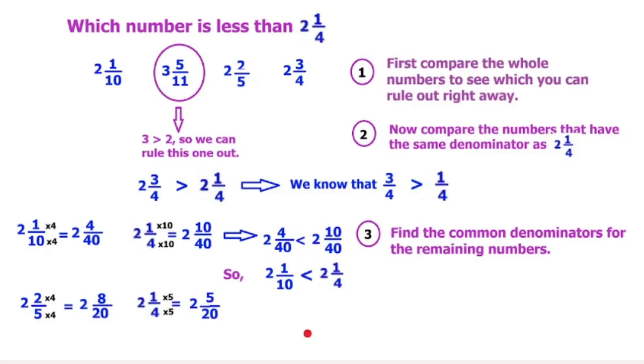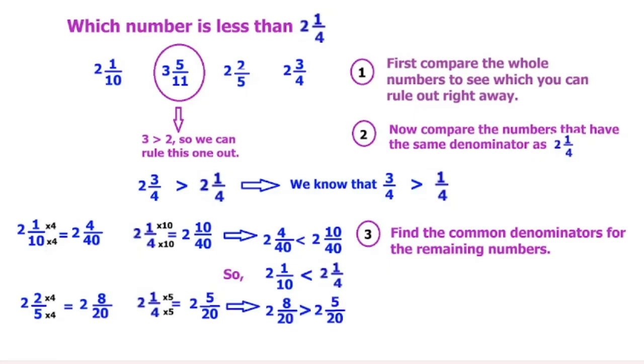How do you get the common denominator of 20 for that? Well, you multiply by 5. 4 times 5 gives you 20. And what you do to the bottom, you do to the top. So 1 times 5 is 5. Now we've transformed 2 1/4 to 2 5/20. And this will allow us to compare it with this one.